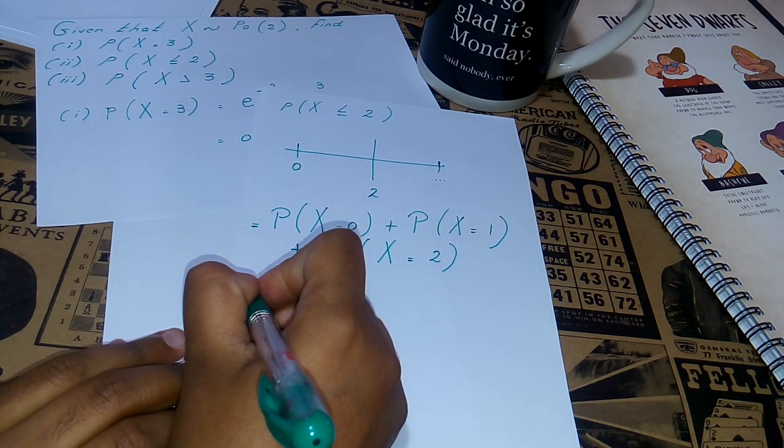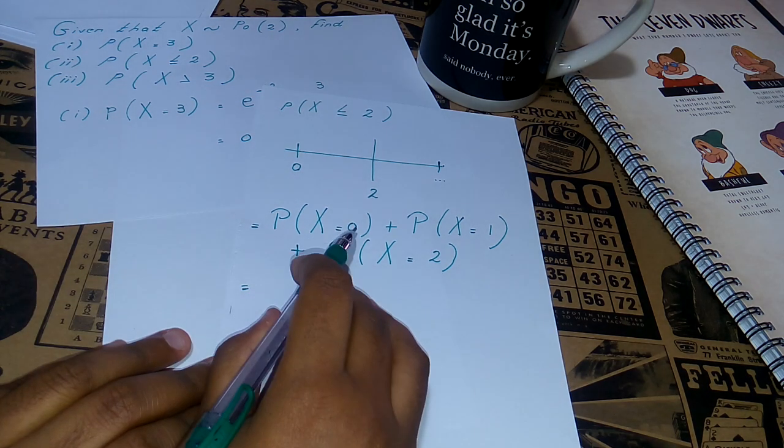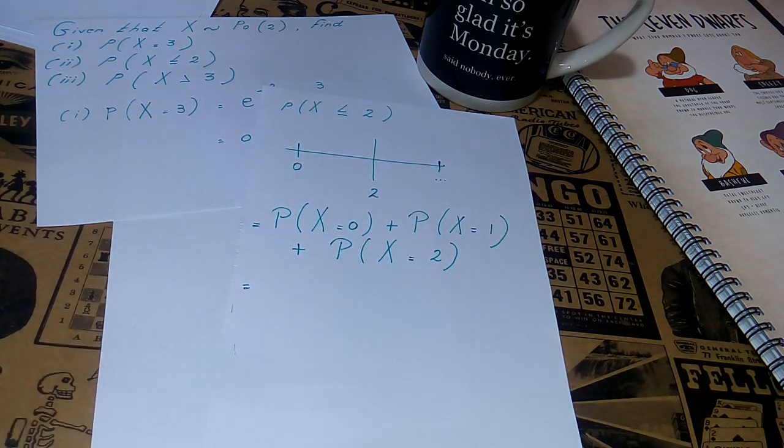There is an easy way of doing it, which is simply by taking the common factor.